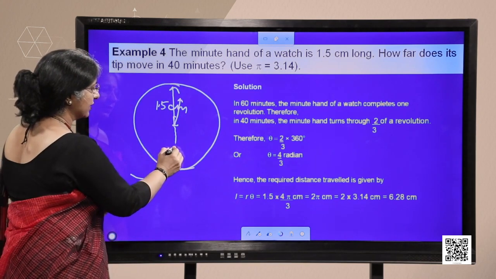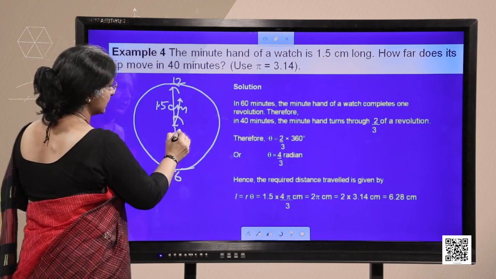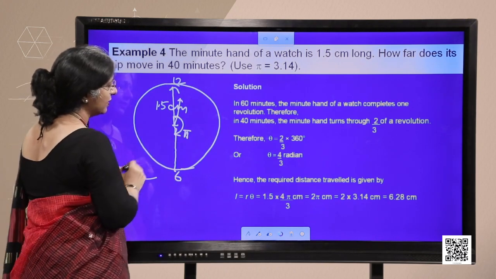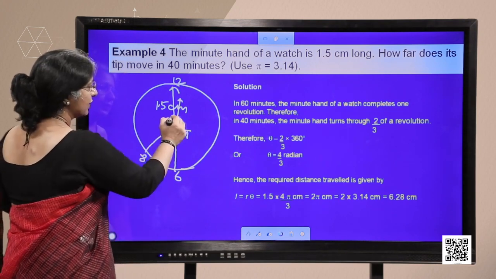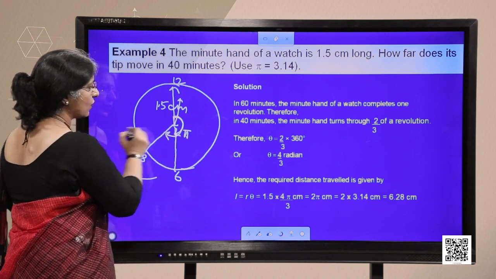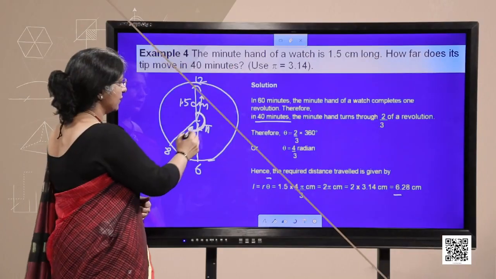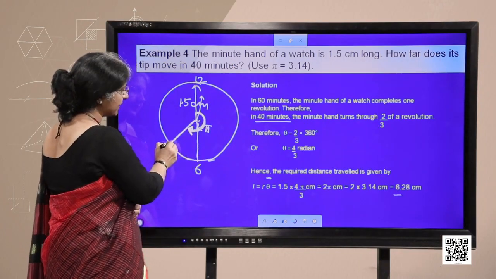You know, in 30 minutes, you go from here to here, you cover this much distance. As it is clear, this is a pi angle, but in 40 minutes, when you reach here, you need to find what is the angle here. Mathematically, how can we find it? So, in 40 minutes, the minute hand will reach here at number 8.